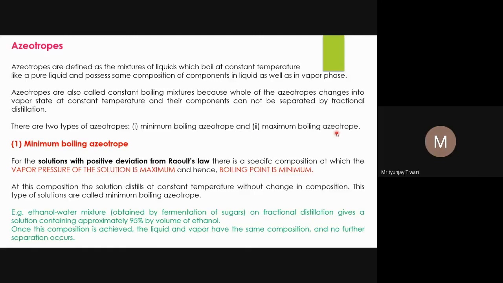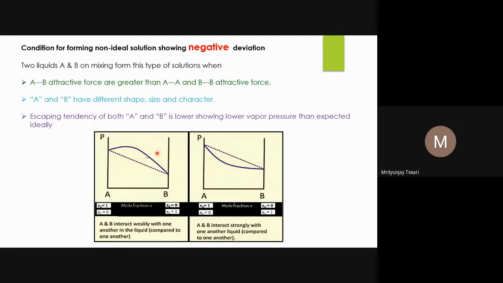The minimum boiling azeotrope means what? The examples that we see in this case. Minimum boiling is when the boiling point is decreased, and boiling point is decreased when the vapor pressure is more. This solution shows positive deviation. While showing the positive deviation, the vapor pressure is more than the ideal vapor pressure.